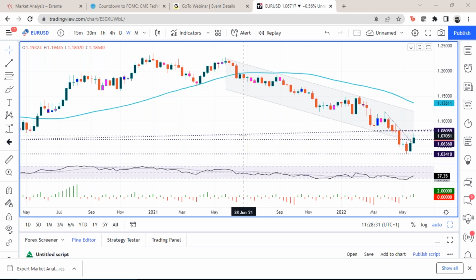So really key driver for the euro here. I think last week's ECB minutes really confirmed this hawkish tone of most members, and they really seem to be keen to join the central bank bandwagon finally of monetary policy normalization.